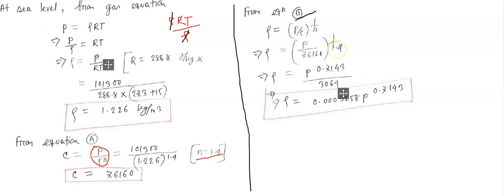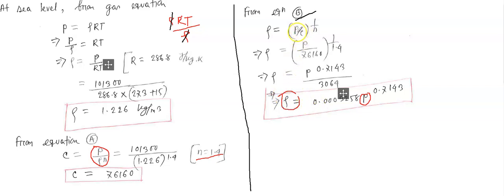Now if we substitute every value here, we get an expression like rho equals 0.03258 P to the power of this. So we got this expression. This is an equation which is a function of the density and the pressure, right? This is the term for pressure, and rho is the density, as you all know.